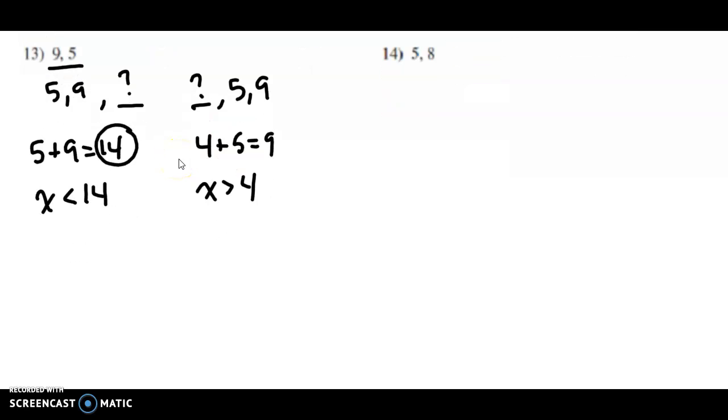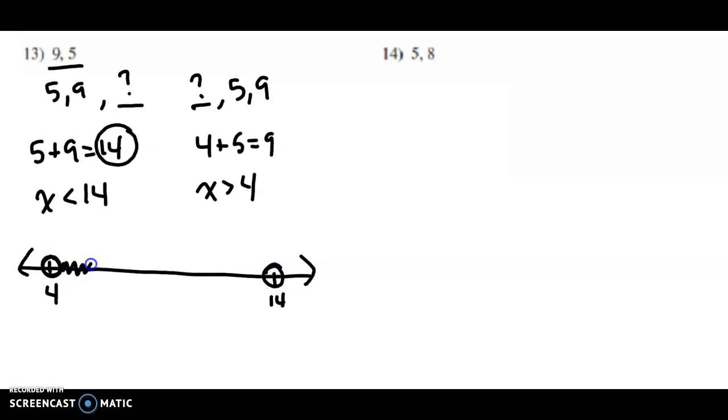Okay? So if we had a number line, we could visualize it this way. We know that it has to be more than 4. So if we think about inequalities, we're going to use an open dot because it can't be 4, it just has to be greater than 4. And we know that it has to be less than 14. So once again, I'm going to use an open dot.